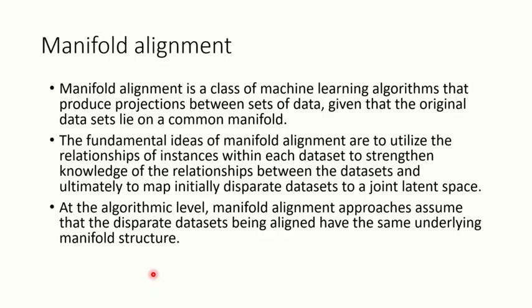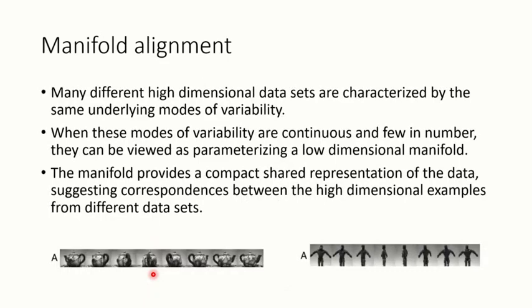So manifold alignment is a class of machine learning algorithm that produces projections between two or more different sets. You can align multiple sets of data, given that the original data sets lie on a common manifold. Okay, so you can think of an abstract mathematical manifold, but this manifold is just the structure between one and another. This structure is the same. You believe they share the common manifold structure.